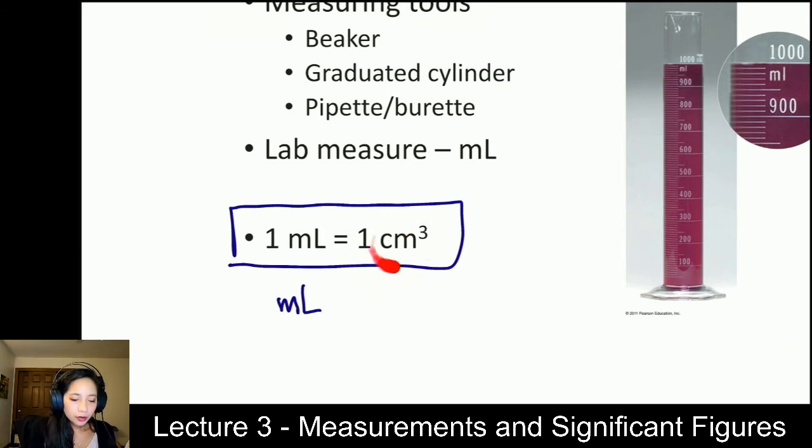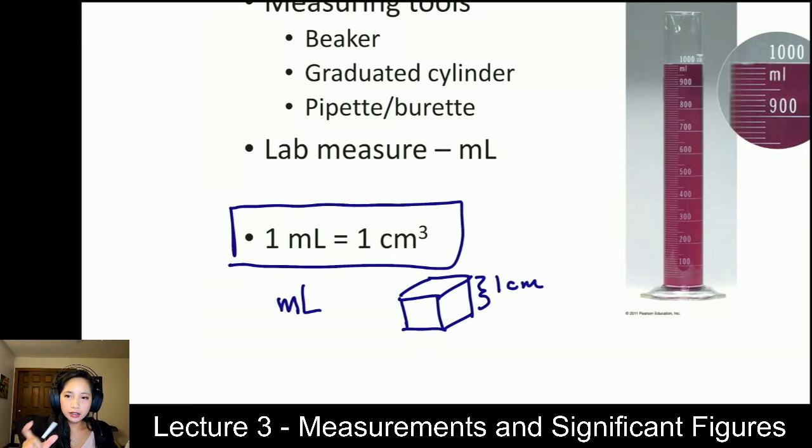So 1 milliliter is equal to 1 centimeter cubed. So 1 milliliter is equal to a cube that has a 1 centimeter side on all of its sides, right? That's 1 centimeter cubed. So the volume in a 1 centimeter cubed is also equal to 1 milliliter.